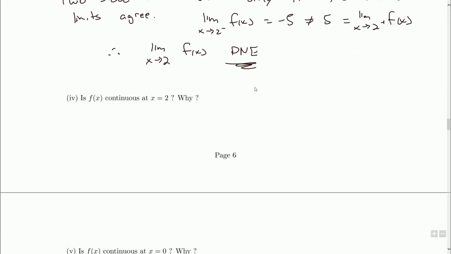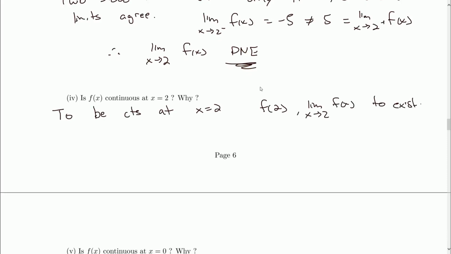All right. Is f of x continuous at x equals 2? Why? Well, the answer is no, it's not continuous. We might say something like, to be continuous at x equals 2, we need f of 2 and the limit as x approaches 2 of f of x to exist and to be equal.